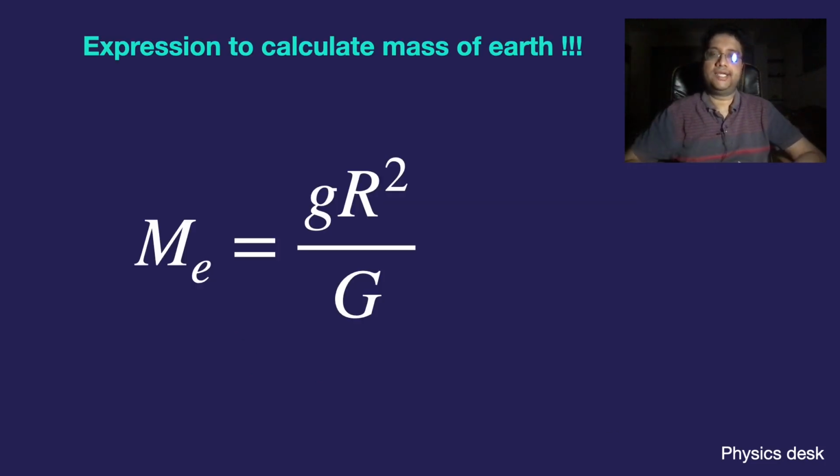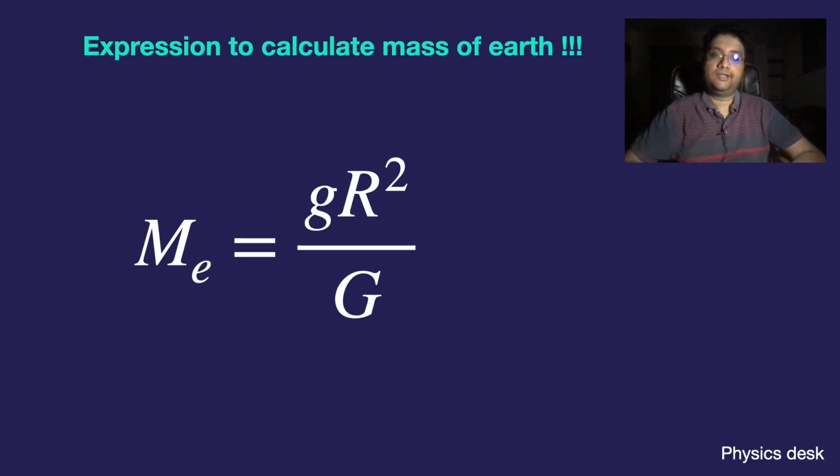And finally, the expression to calculate the mass of Earth: M_e is equal to g r squared by capital G, where small g is the acceleration due to gravity, r is the radius of Earth, and capital G is the universal gravitational constant. The values of these three constants most of us know as they are in textbooks. So by substituting, you get the mass of Earth.